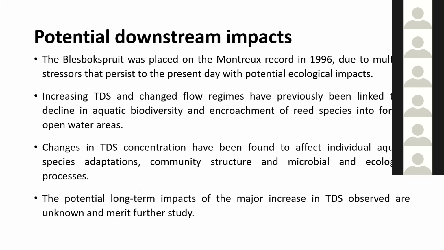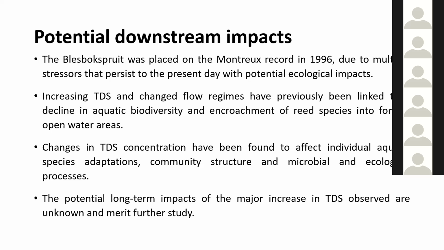Okay, so as I've mentioned, the Blesbokspruit was placed on the Montreux record in 1996. It's still on that record. And the increasing TDS has been described in other papers, and changed flow regimes have been linked to a decline in aquatic biodiversity and encroachment of invasive reed species.